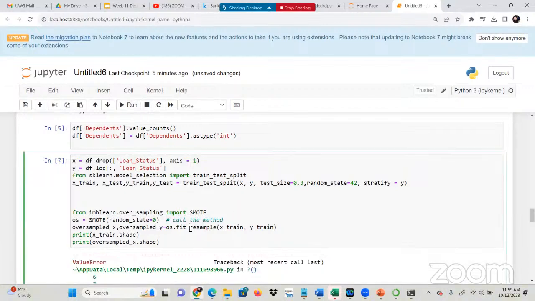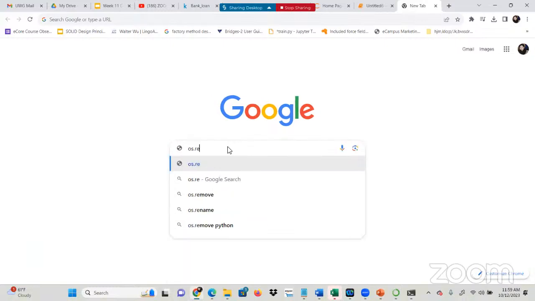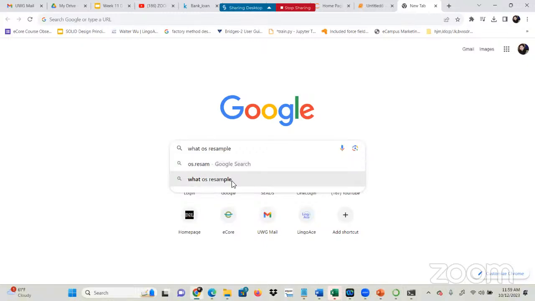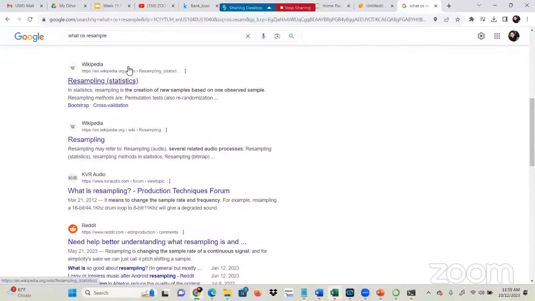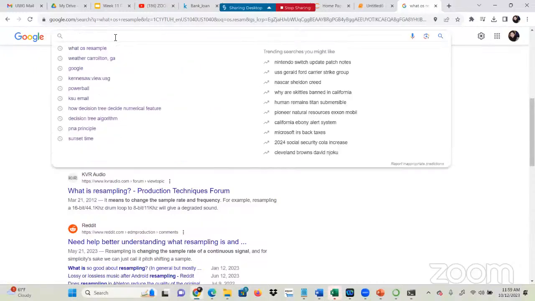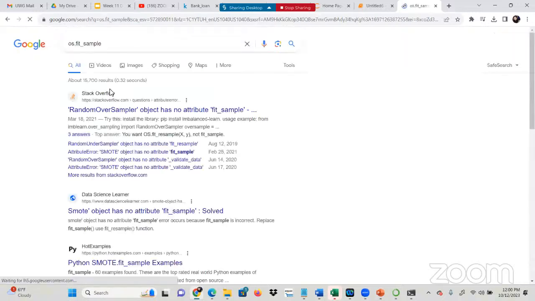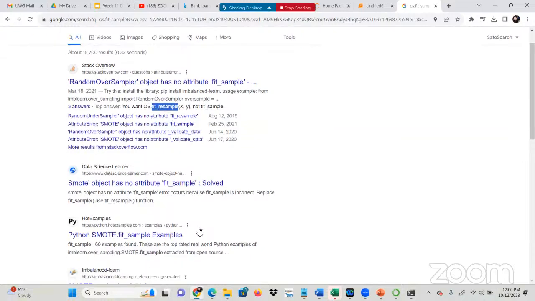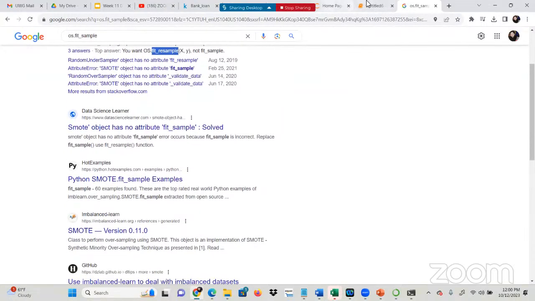Not fit resample. Should be fit resample. Resample, you should be correct.